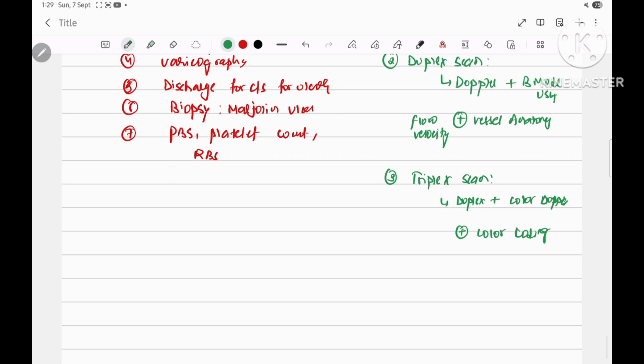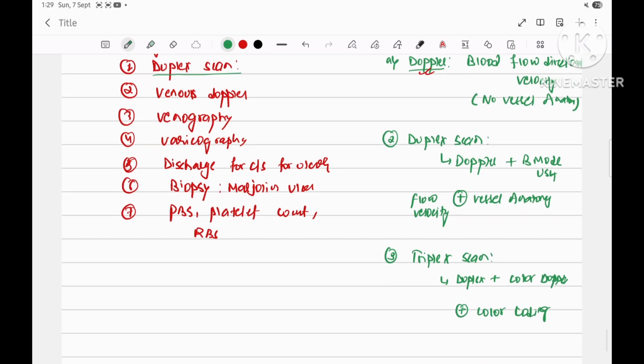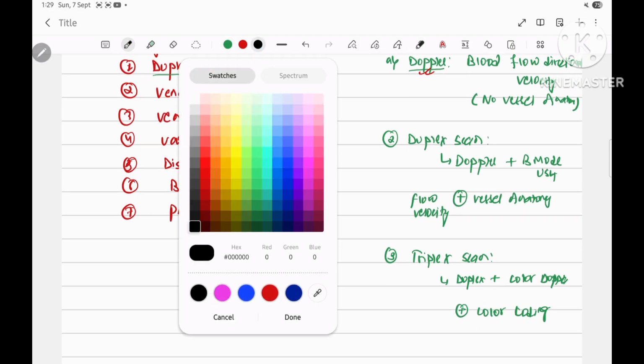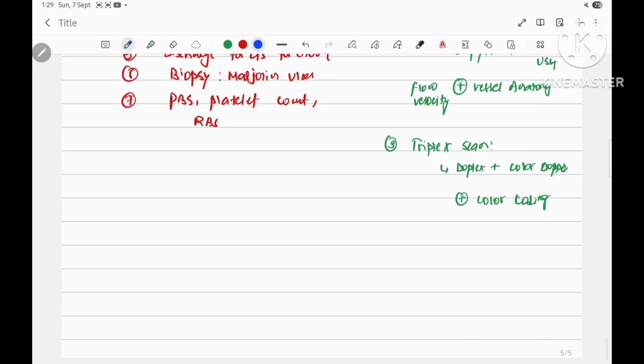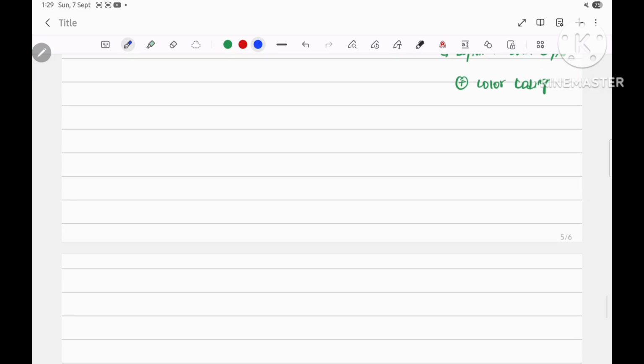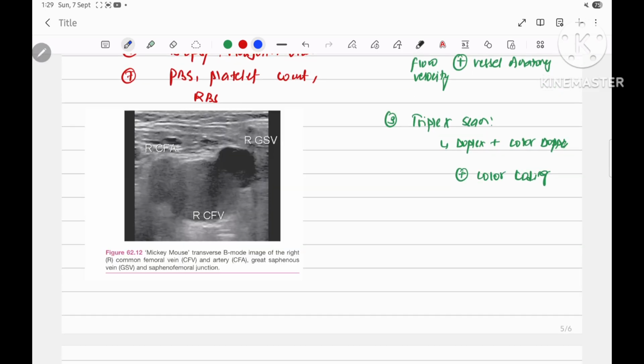Now after doing investigation, one thing is that during duplex scan, there is one sign which we can see, and it has been asked in my viva. So what is the sign which we see in the duplex scan? The first point is the Mickey Mouse sign. What does it mean?